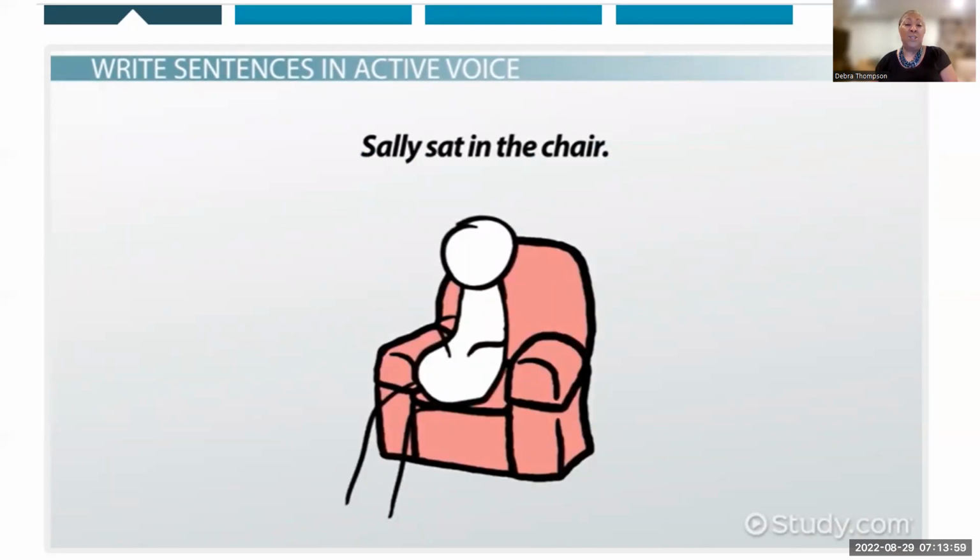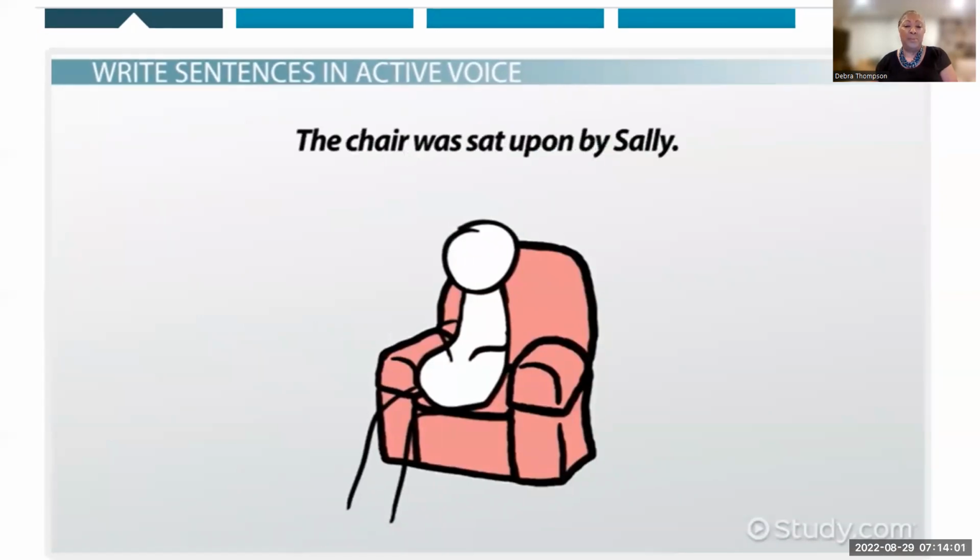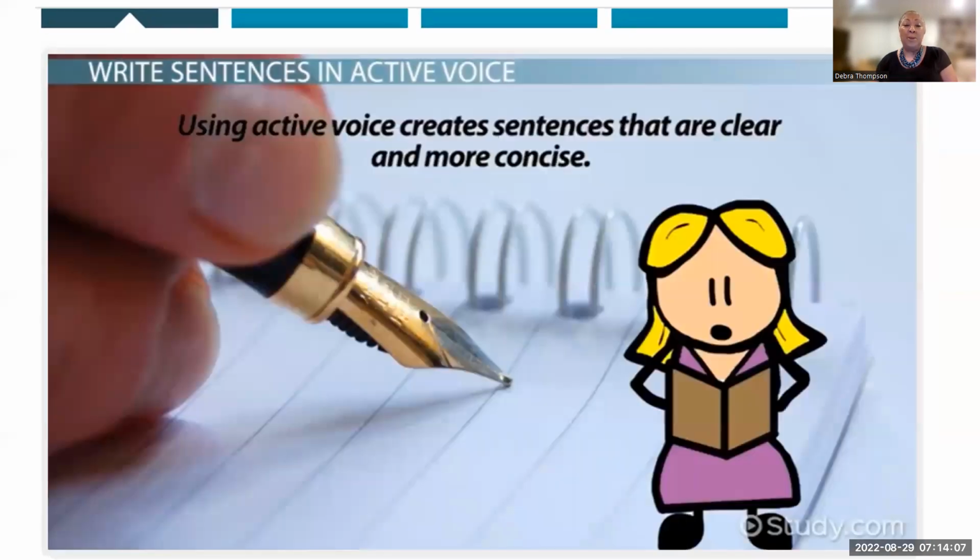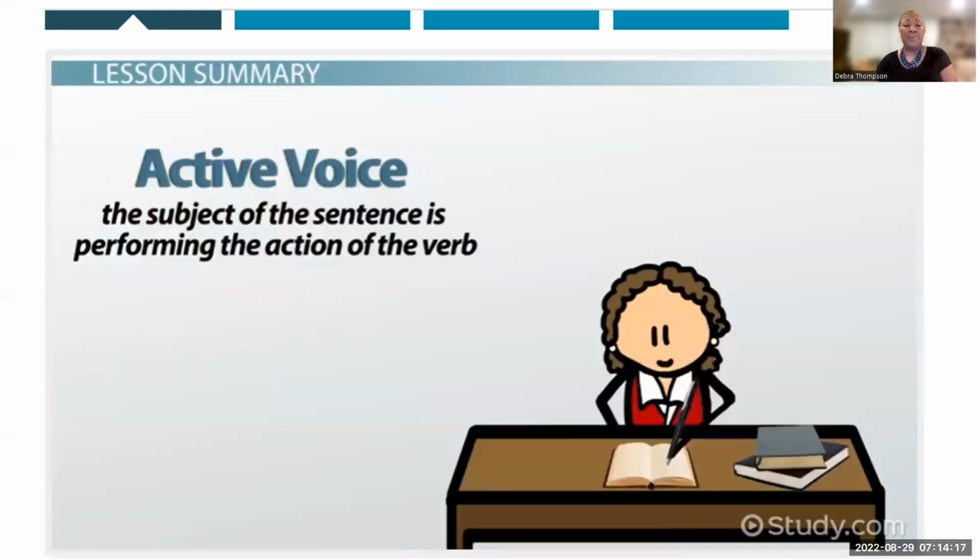"Sally sat in the chair." Active voice. "The chair was sat upon by Sally." Passive voice. Which one is clearer for you to understand and more concise? All the time, the active voice is much clearer and more concise. So remember, active voice, the subject of the sentence is performing the action of the verb.